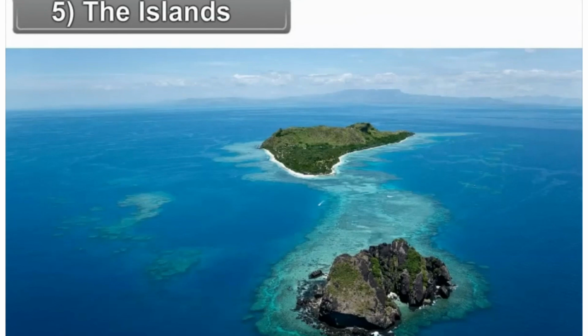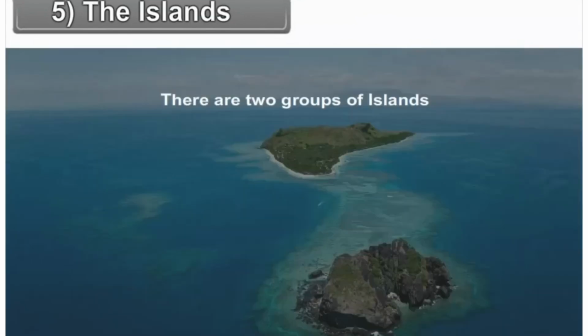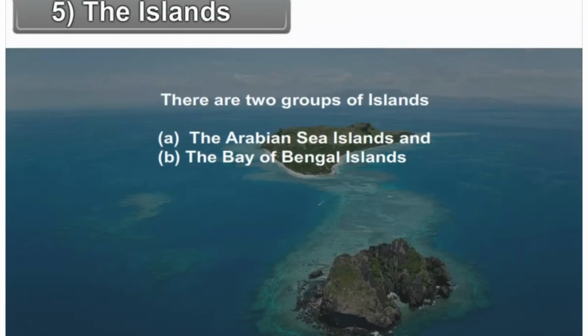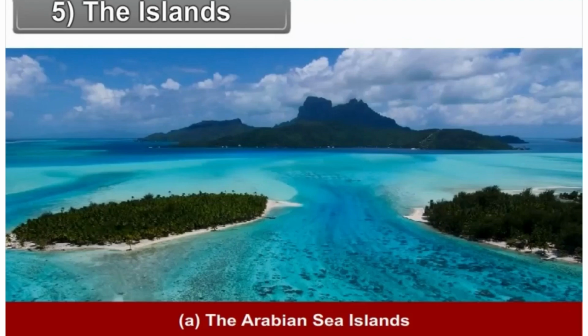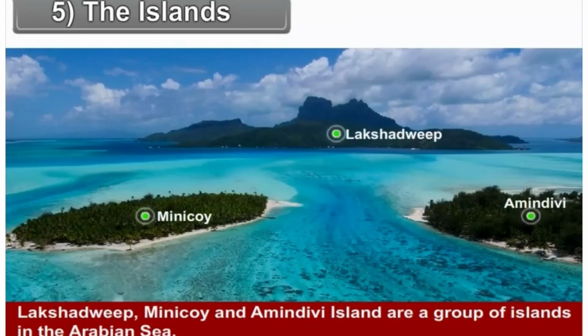5. The islands. There are two groups of islands: the Arabian Sea Islands and the Bay of Bengal Islands. The Arabian Sea Islands: Lakshadweep, Minicoy, and Amindivi Islands are a group of islands in the Arabian Sea.